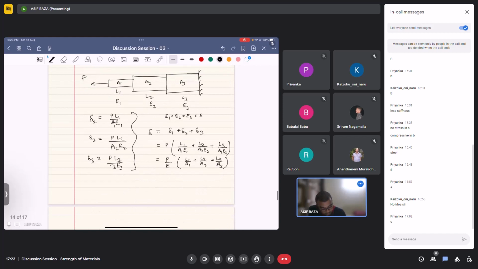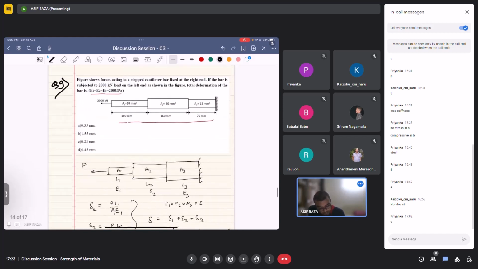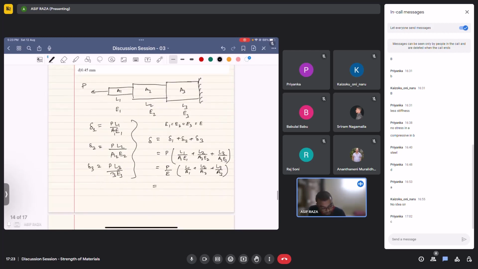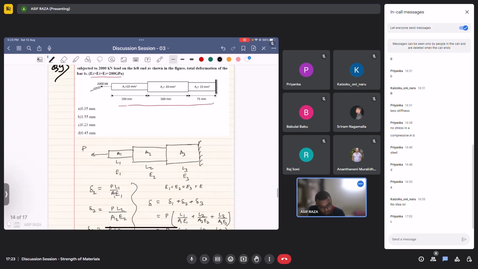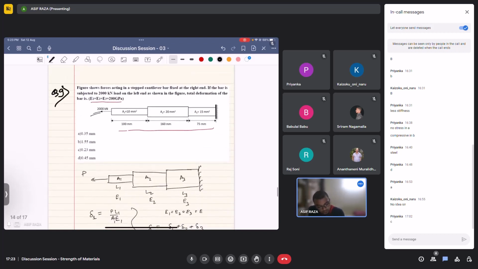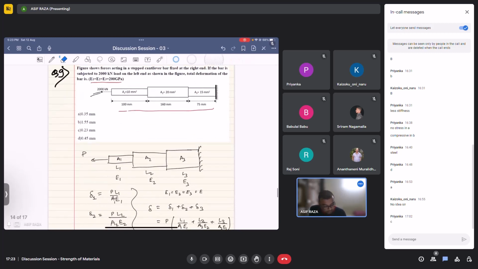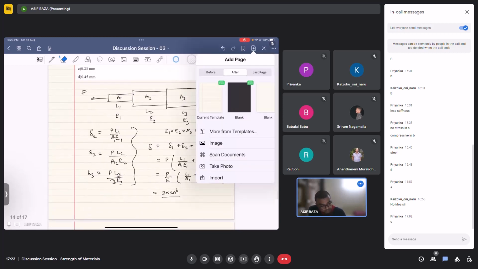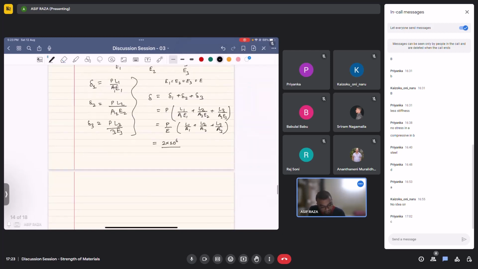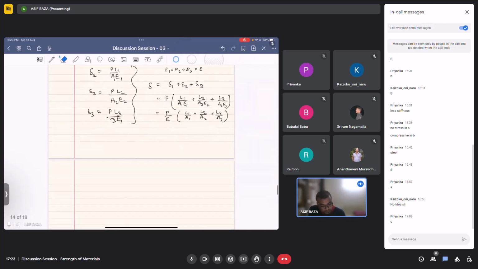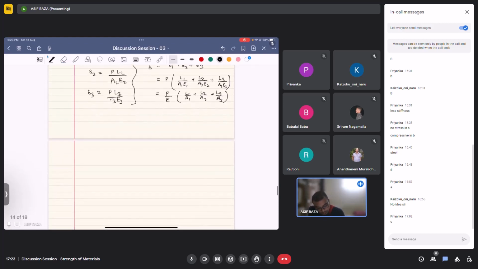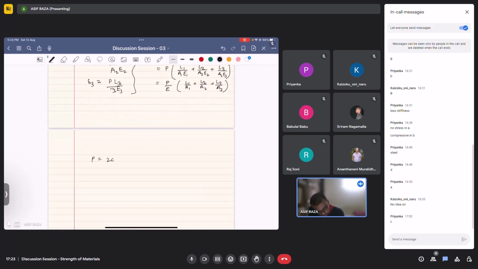Now P is 2000 kilonewton. If I write it in Newton, it would be 2 into 10 power 6 Newton.